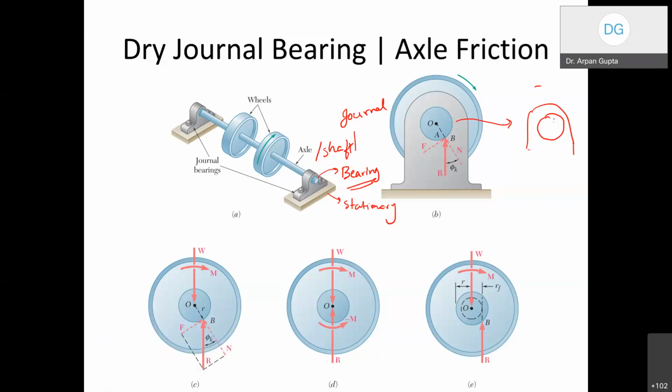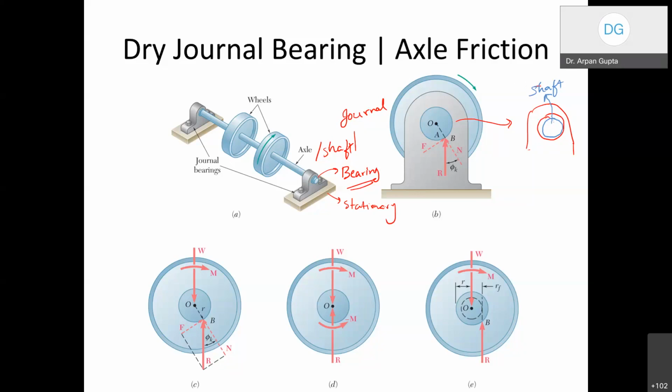Let us say I represent this shaft or journal with this blue color. Now there is a very small gap, although I have exaggerated it to show you, between the casing, the red one, and the shaft.